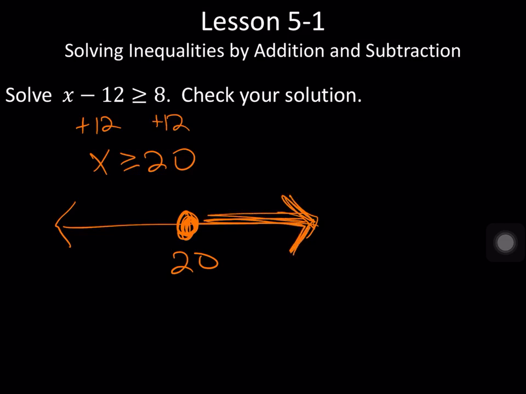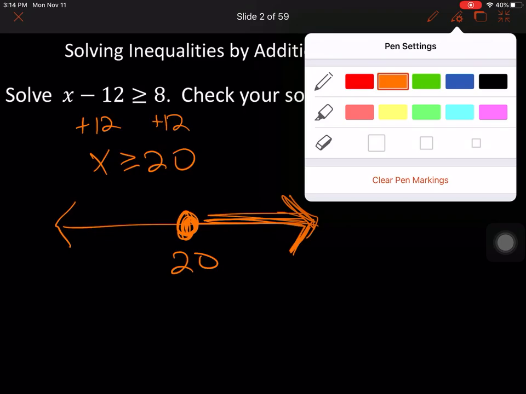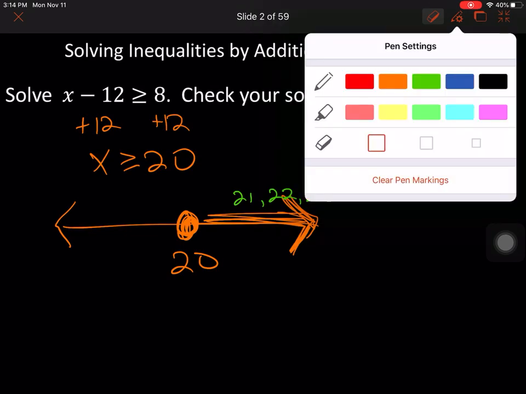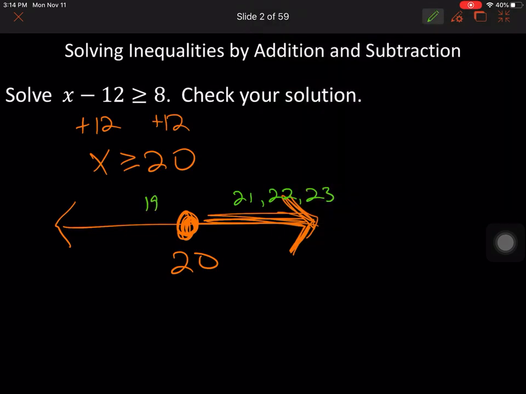Now, we don't have to go into a lot of detail on number lines. Bigger numbers go off to the right, so 21, 22, 23, etc. Smaller numbers go to the left. So we're talking about 19, 18, 17. And so x greater than or equal to 20.